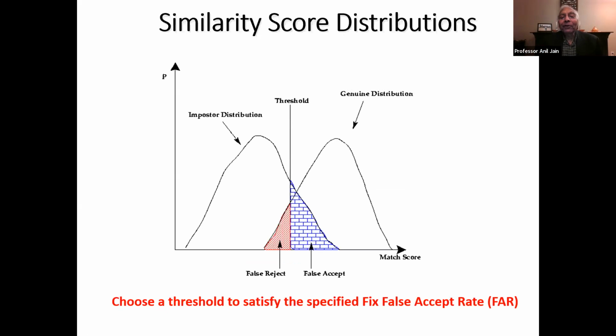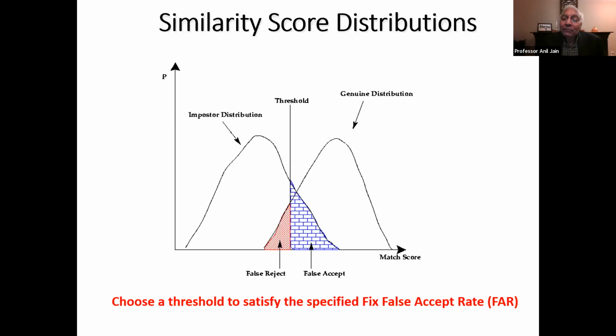Yeah, false accept and false reject. So you have to choose your threshold based on which error you want to specify. For a given representation, a given set of features, we cannot simultaneously reduce both of them. So typically we choose a threshold which satisfies a given false accept rate.